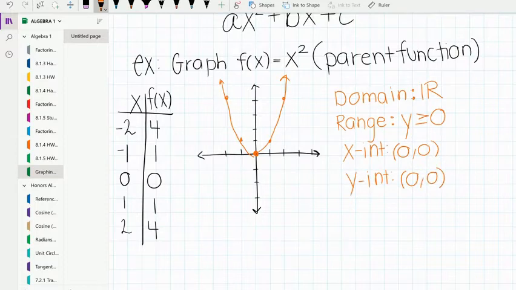And last thing, which we should recognize because we talked about vertex with absolute value graphs, it's where the graph changes or turns positions. In this case, the vertex would be this point right here. So the vertex is going to be 0, 0. So this is the parent function. Again, it's the most basic function.